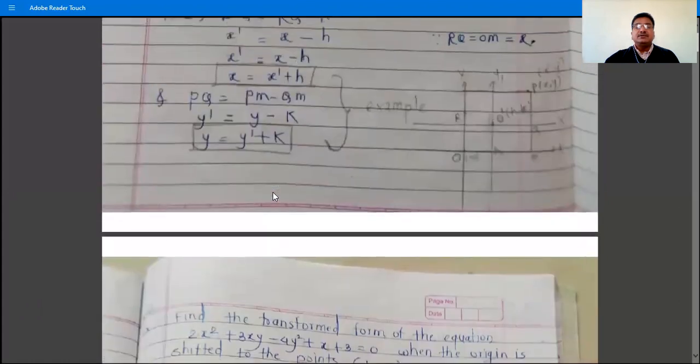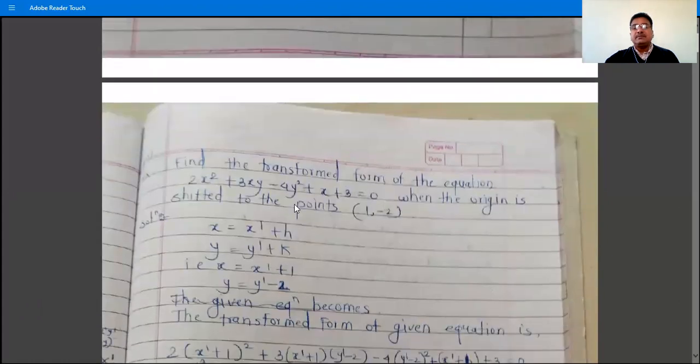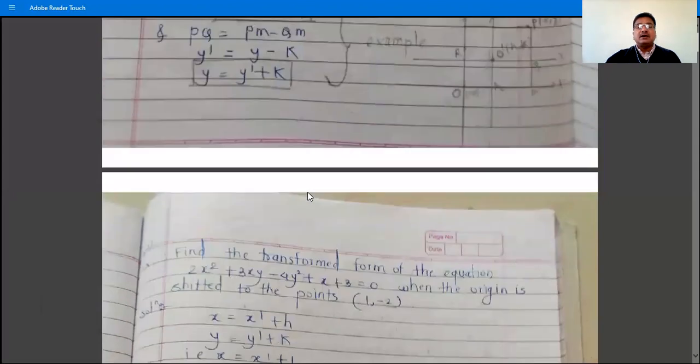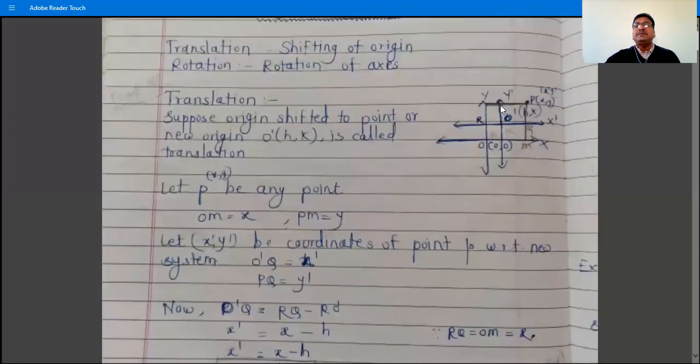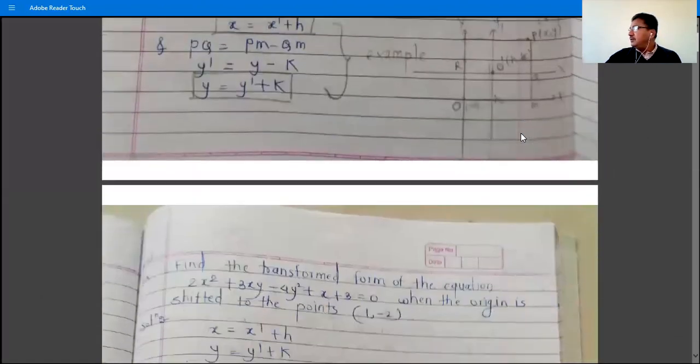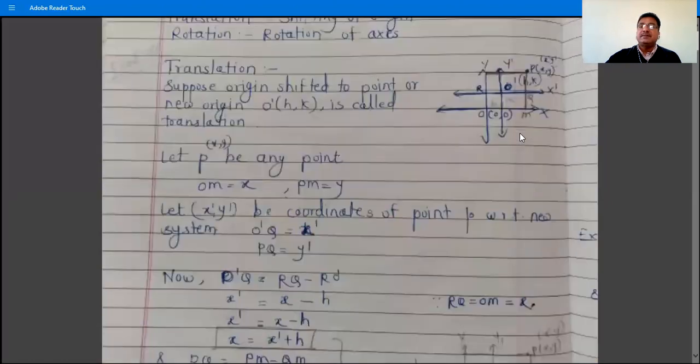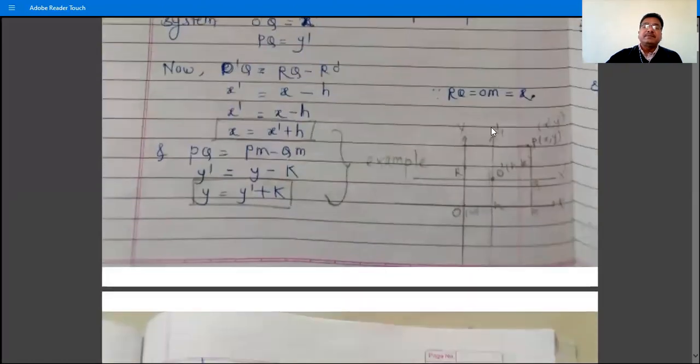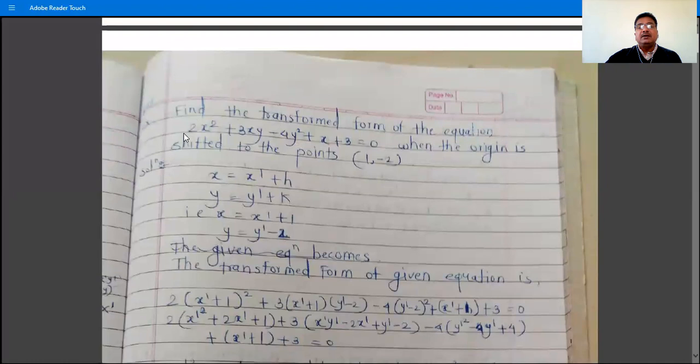If the origin is shifted to a new point, then the equation of the curve also changes, because we know that if the origin is shifted, the coordinates of every point change to new coordinates. The coordinates with respect to the old system and the new system are different, and so the equation of any curve also changes. So we have to find that form, the transformed form.